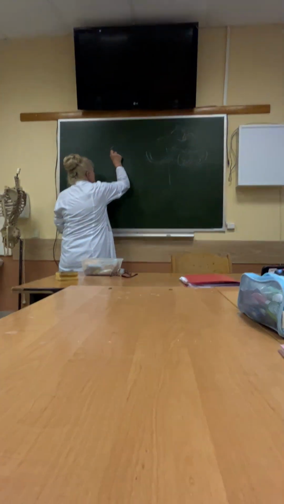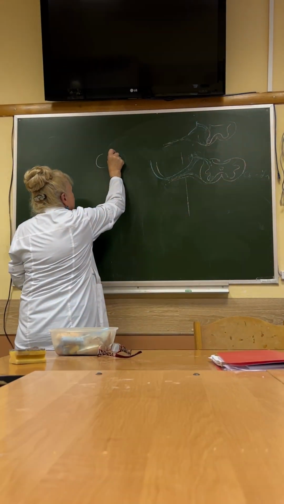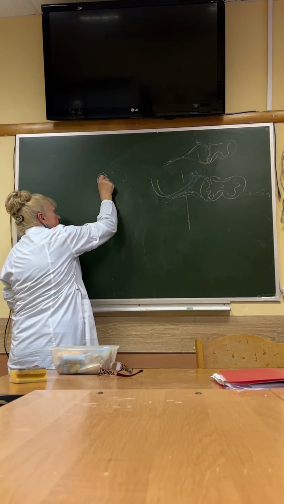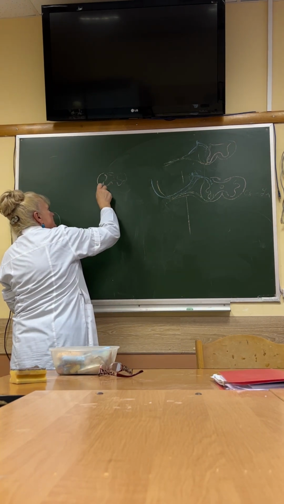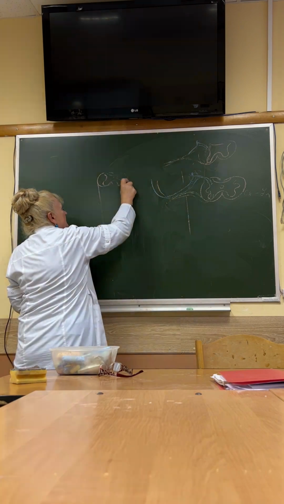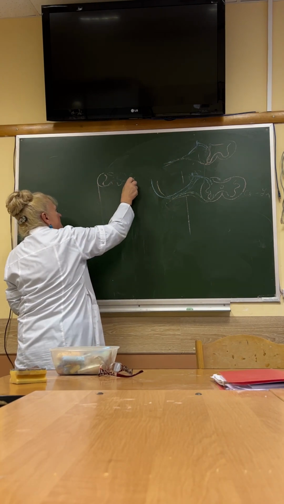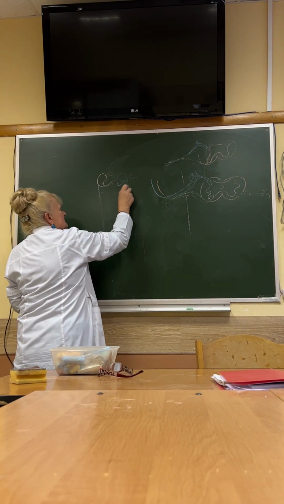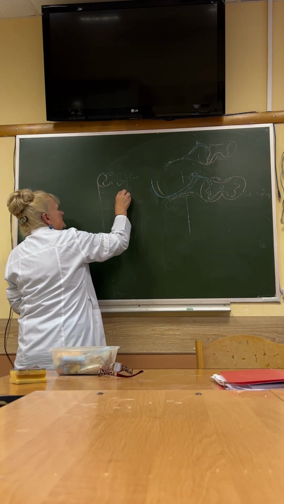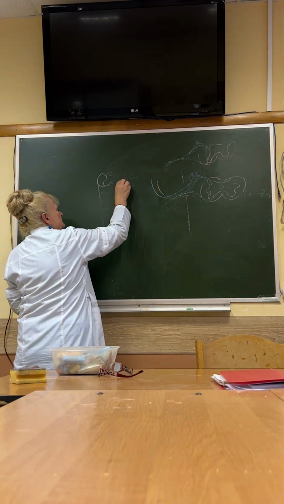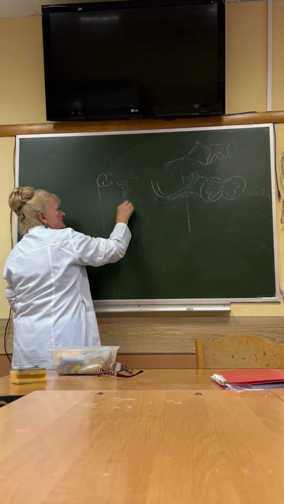This is the spinal cord. This is the first cervical segment, this is the second, this is the third, and this is the fourth. So the second, third, and fourth segments.